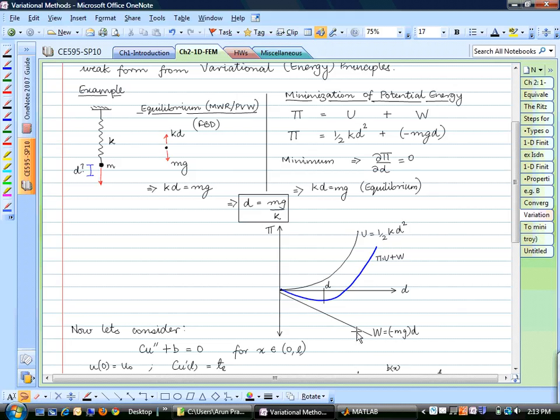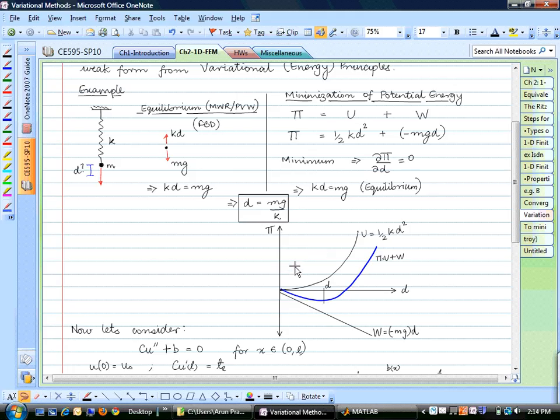On the other hand, the potential energy due to the external forces is a straight line with a slope of minus mg. Okay. Now, the equilibrium configuration is where you take this curve u and add the straight line due to w, and you get this blue curve. And this blue curve goes minimum at this point. So this is the solution.